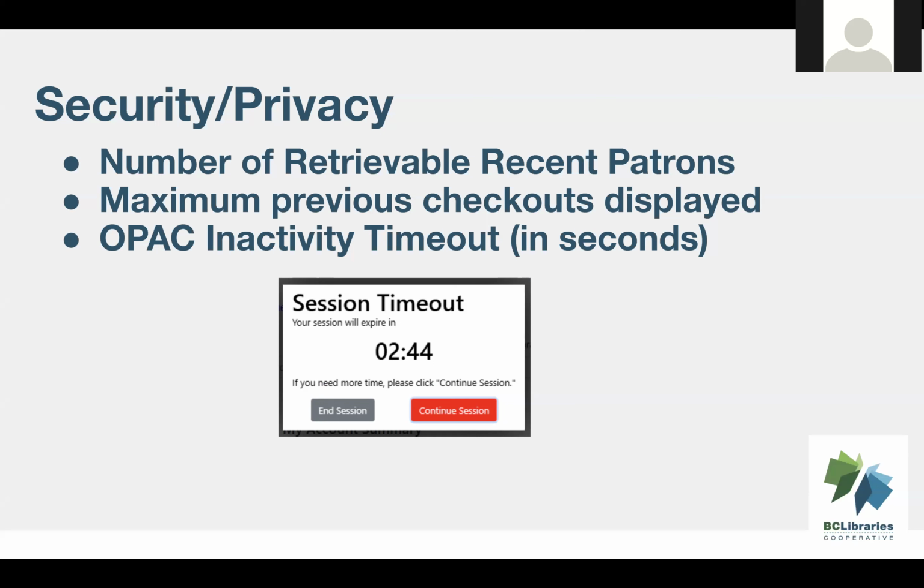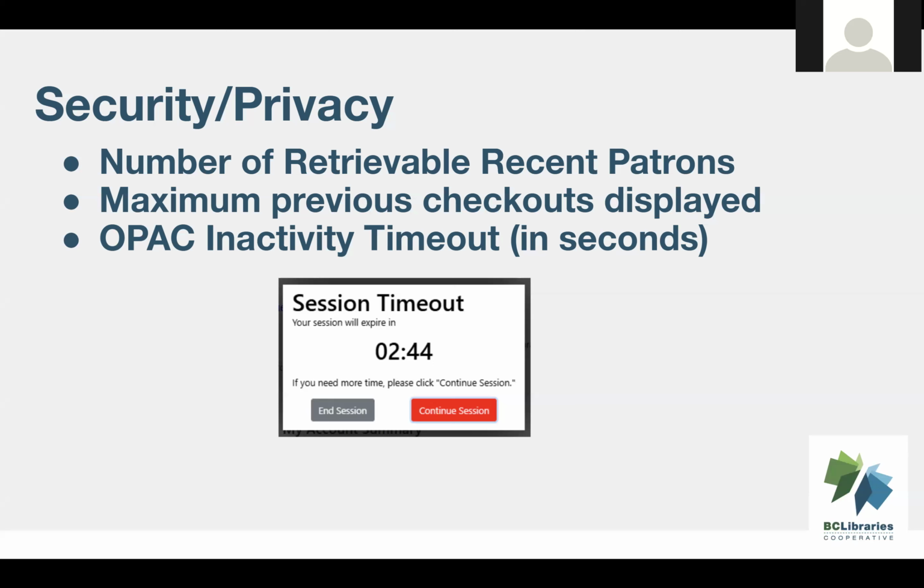If you go to circulation, retrieve last few patrons, and it'll pull up them in a search form, or sorry, a search grid. So think about how many patrons you want staff to be able to retrieve. You probably don't want staff to be able to retrieve the last 25 patrons that came to the circulation desk.